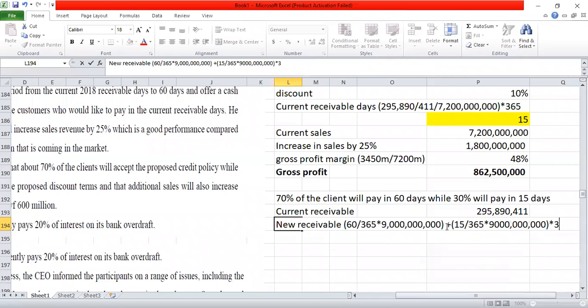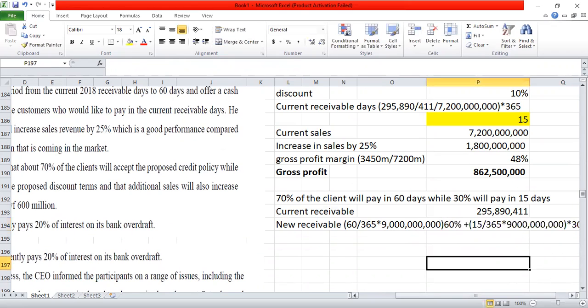And this is 30%, and here it is 60%. I don't know if we are moving together up to this point.